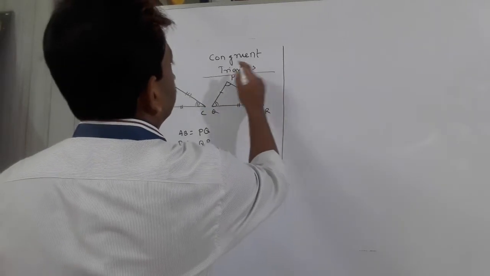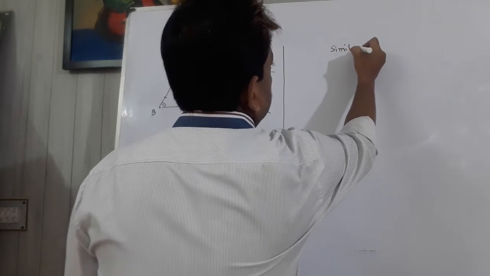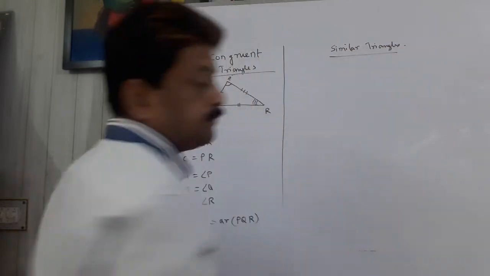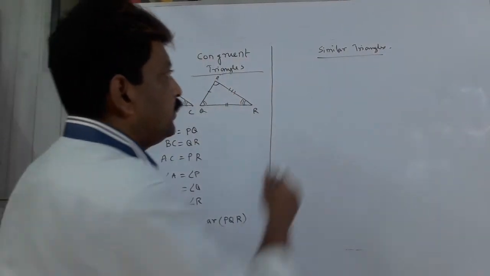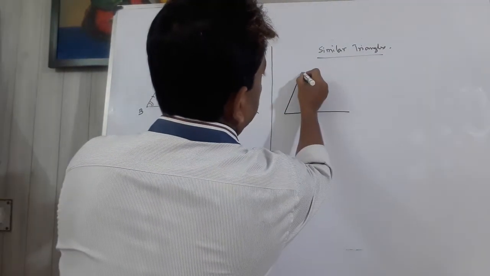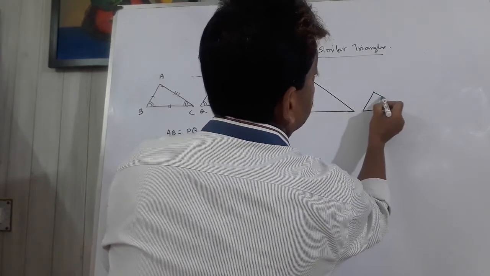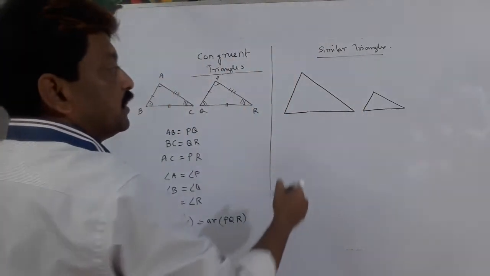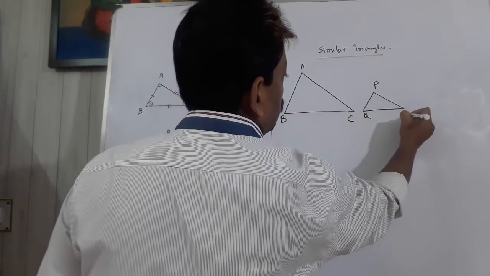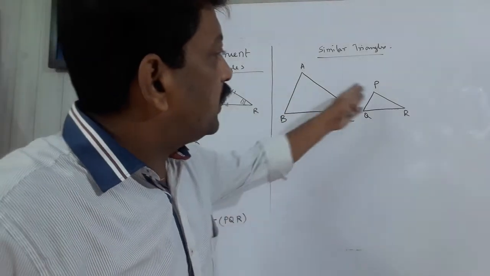But in the case of similar triangles, suppose this is triangle ABC and this is triangle PQR. They look the same. Their corresponding angles are also equal.